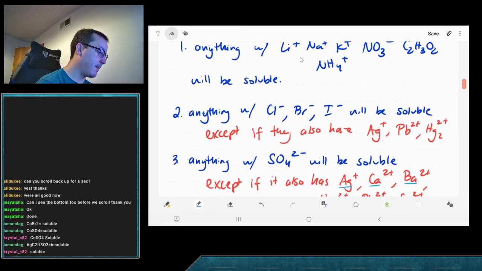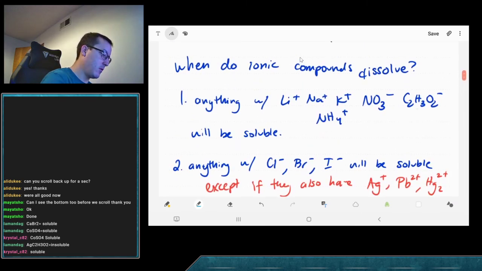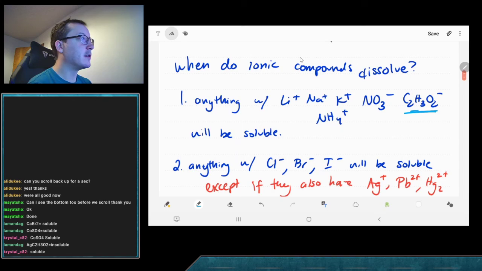I'll show you why. Oh, we have this guy here. So anything with acetate will always be soluble, no matter what. So we will consider our silver acetate to be soluble.